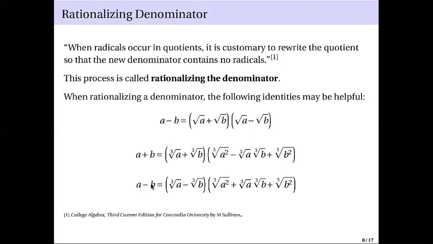And a minus b can also be written as the cube root of a minus the cube root of b, times the cube root of a squared plus the cube root of a times the cube root of b plus the cube root of b squared.